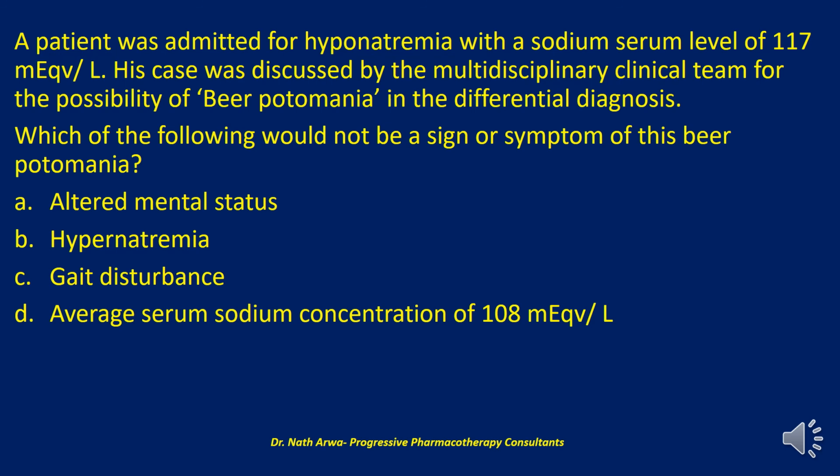So my question to you is, which of the following would not be a sign or symptom of this beer potomania? Is it altered mental status, hypernatremia, gait disturbance, or average serum concentration of 108 milliequivalents per liter? I'll give you 10 seconds to choose the correct answer.